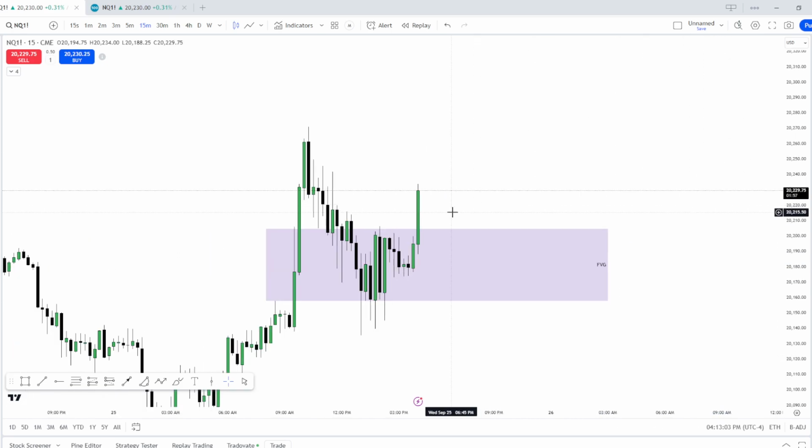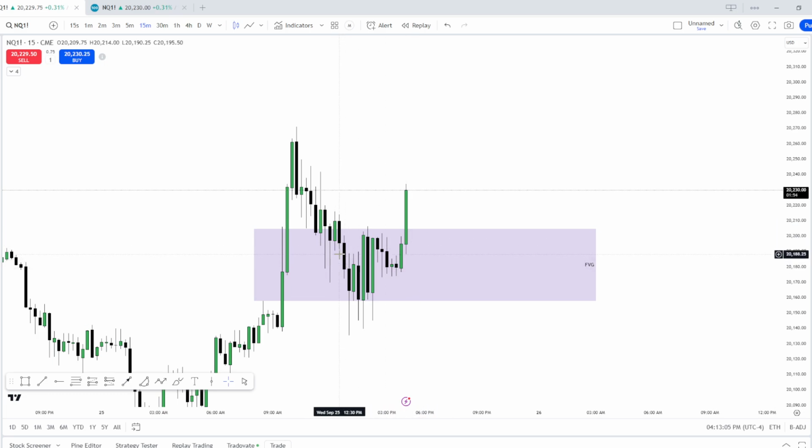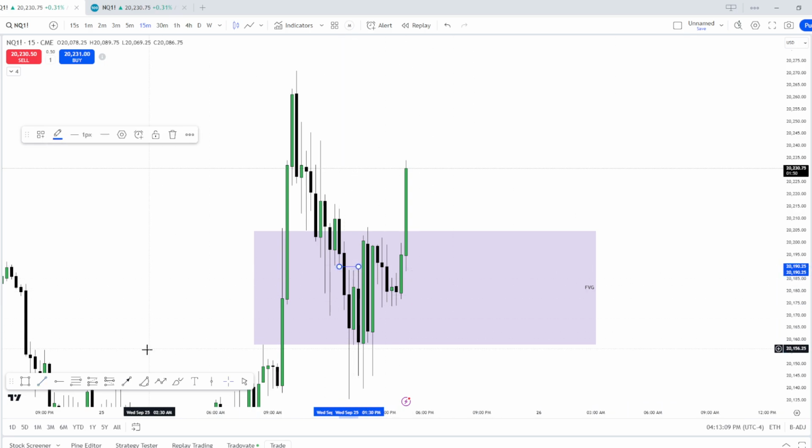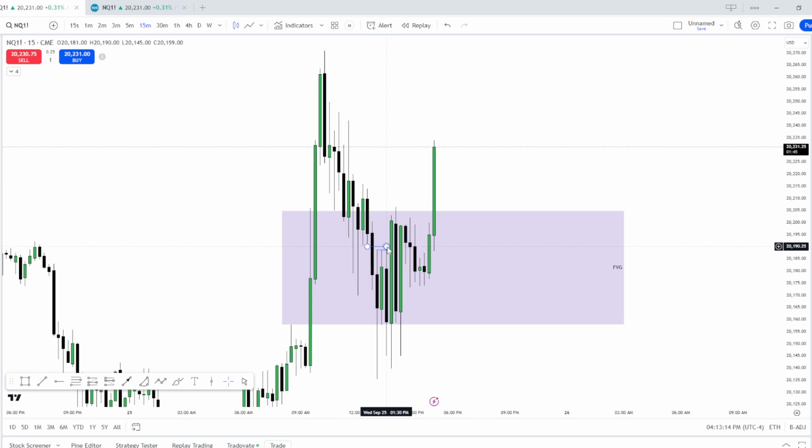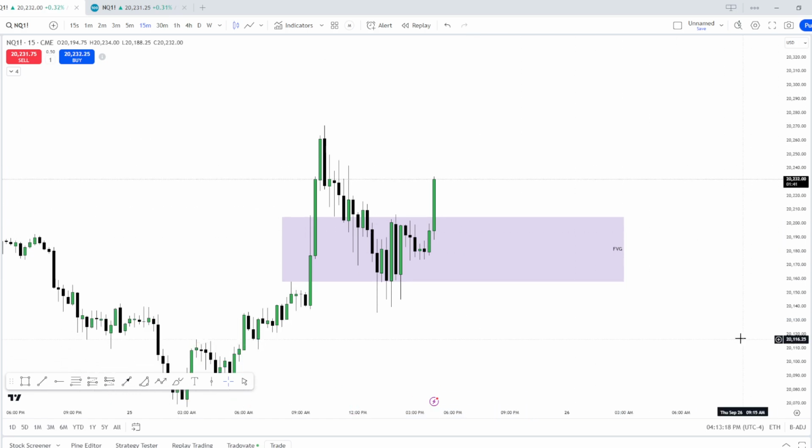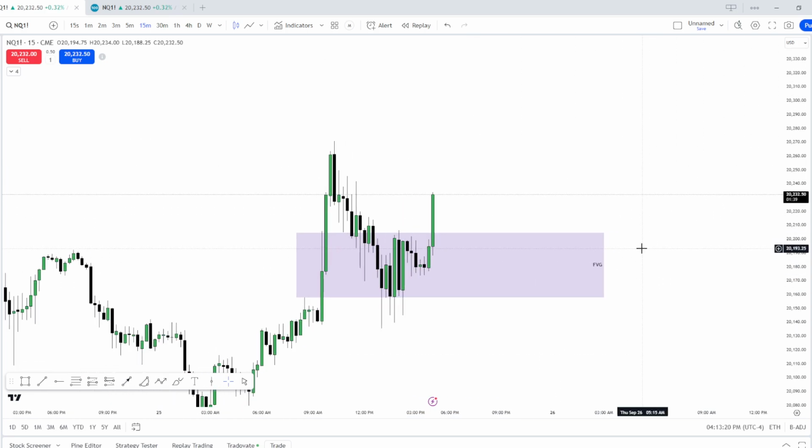When we returned into this 1 hour fair value gap, we formed this bearish 15-minute fair value gap right here, and we inverted that. We closed above that fair value gap and turned it into an inverse fair value gap. So right there, that's already a case of us respecting bullish order flow and disrespecting bearish order flow.